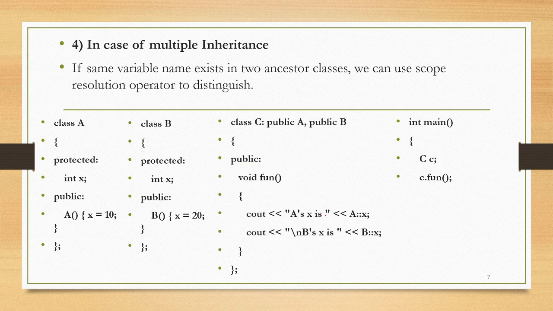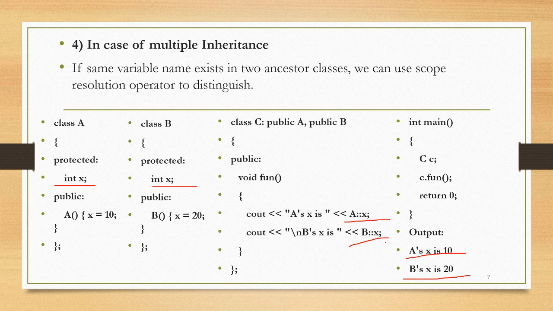Then in the main we have created the object of C, small c, and we have called this function, and we will get the output as A's x is 10 and B's x is 20. So this is how, in case of multiple inheritance, if both variables have the same name in different classes, you can use the scope resolution operator to distinguish between them.